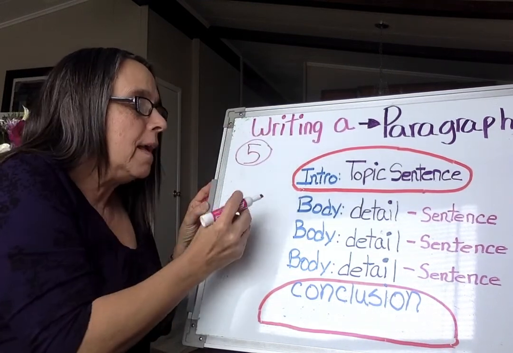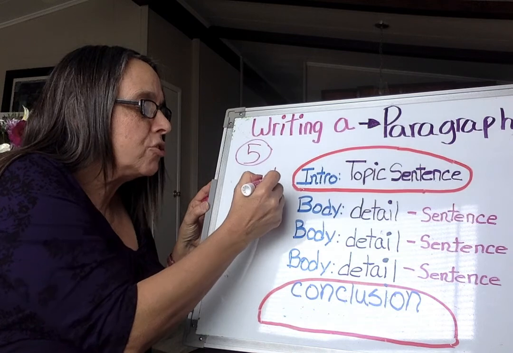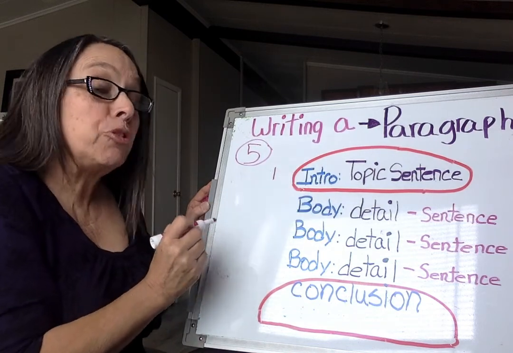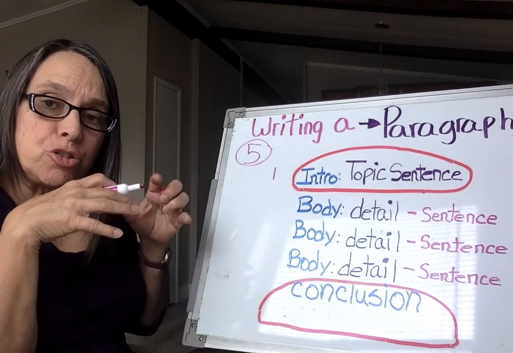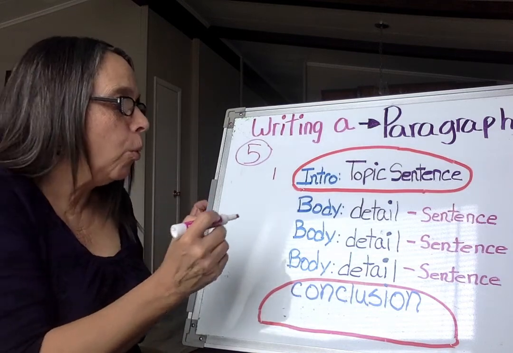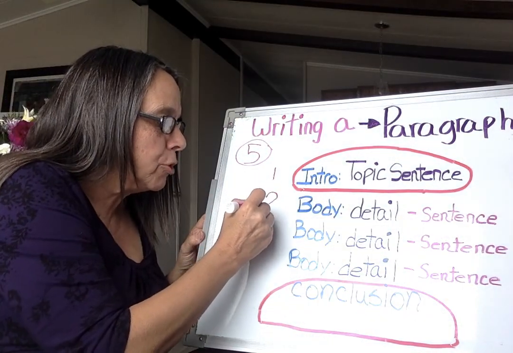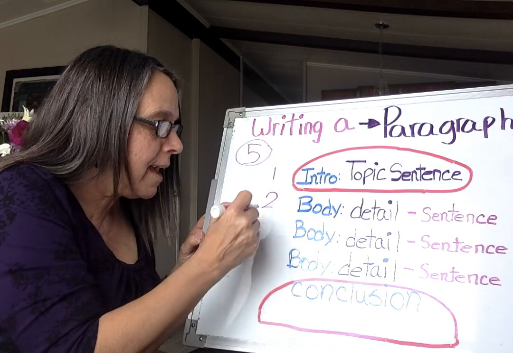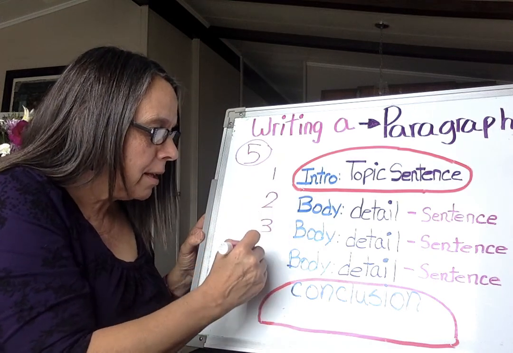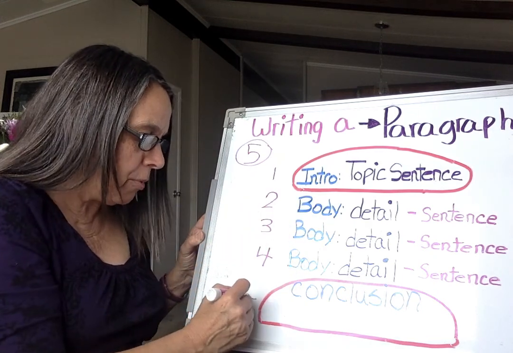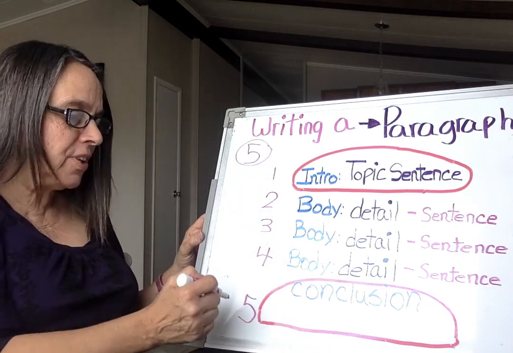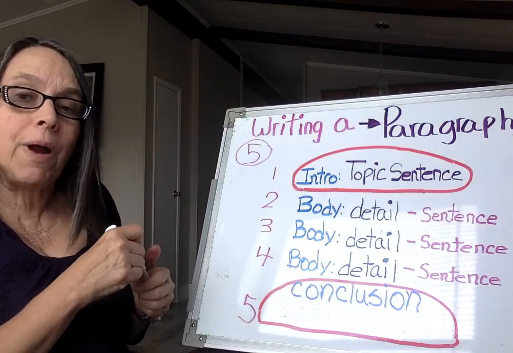That's all. The first one is called the intro. The topic sentence. It introduces your paragraph, what it's going to be about. Number 2 is you're going to tell us about that. Number 3, number 4, and number 5. Only 5 sentences you need to write in this.